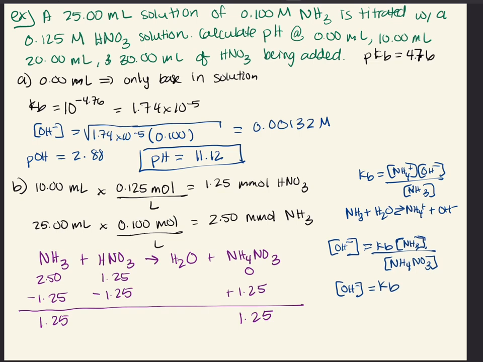So I can solve for my pOH, and then I can use that to solve for my pH, and I get 9.24.